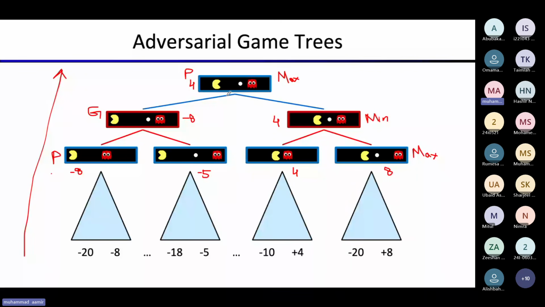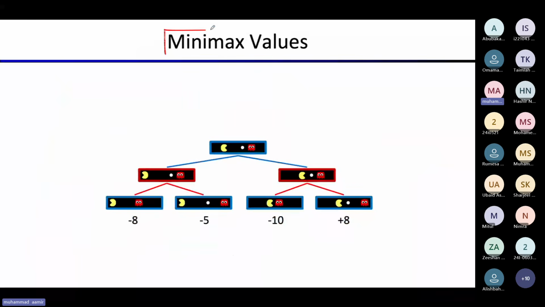So Pac-Man should move towards this, and then this, right? This is what we come up with after applying a simple technique, and this technique is called the min-max values.